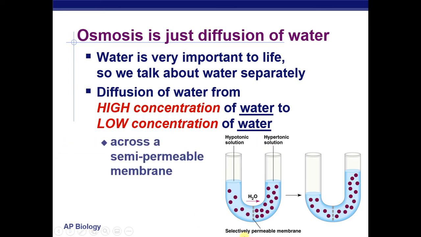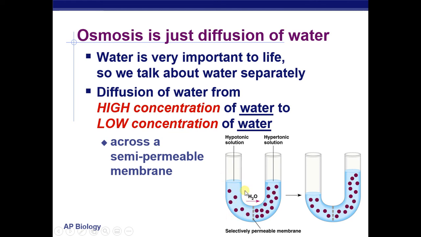So as an example here, both of these sides of this tube are at the same level, and there is a permeable membrane here that's only permeable to water. So these purple molecules can't go from one side to the other. Now, if we think about the concentration of water, these purple molecules take up space, which means there's less water on the right side since more of it is purple molecules, and more water on the left side.